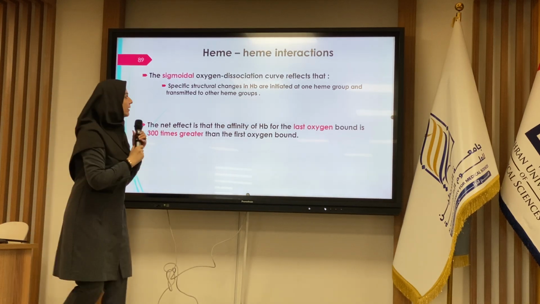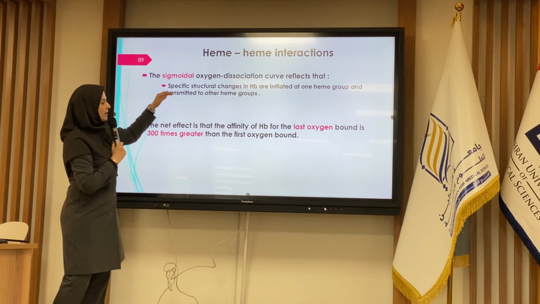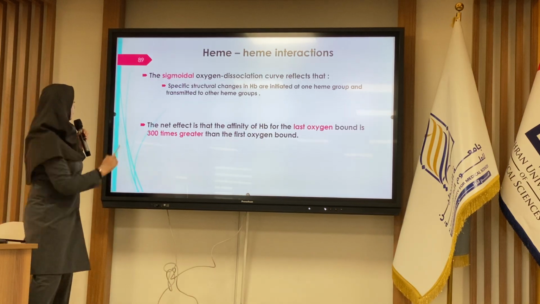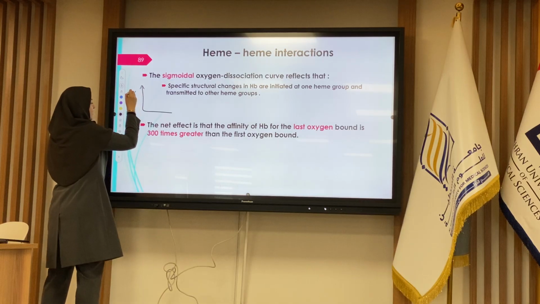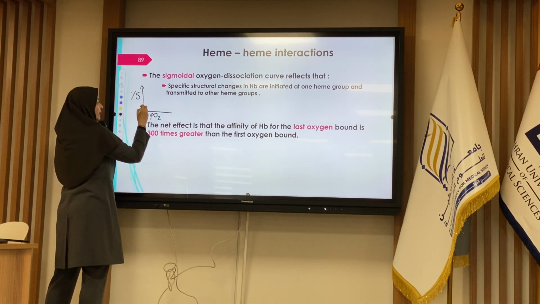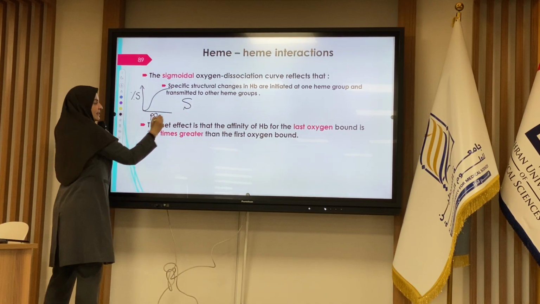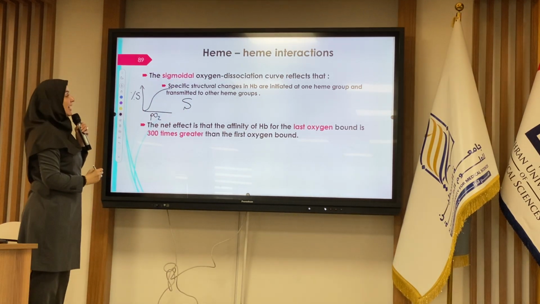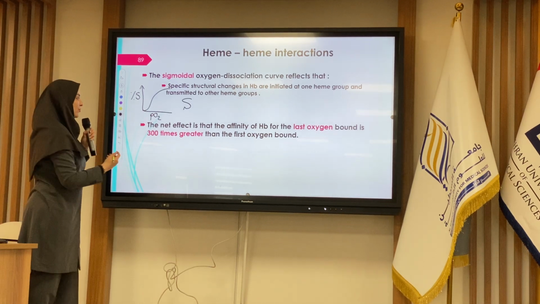Heme-heme interaction, as I mentioned: the oxygen dissociation curve of saturation against pressure of oxygen for the hemoglobin is sigmoidal because it resembles the letter S. And we say that this is a heme-to-heme interaction.